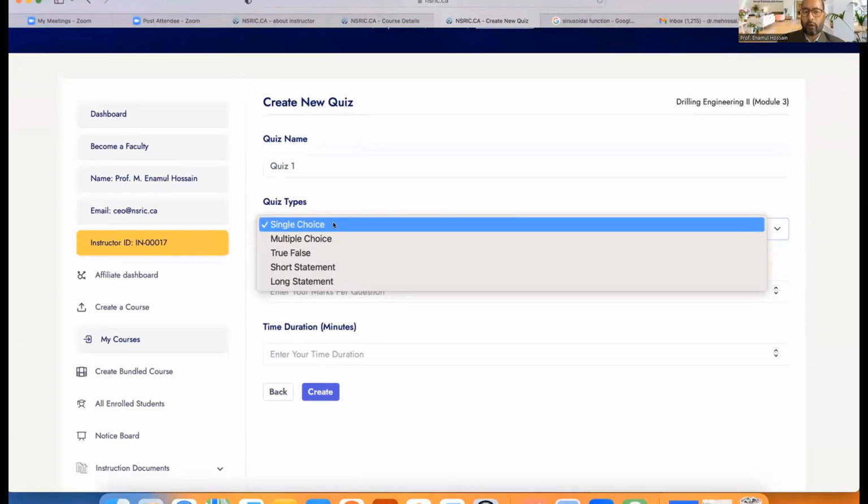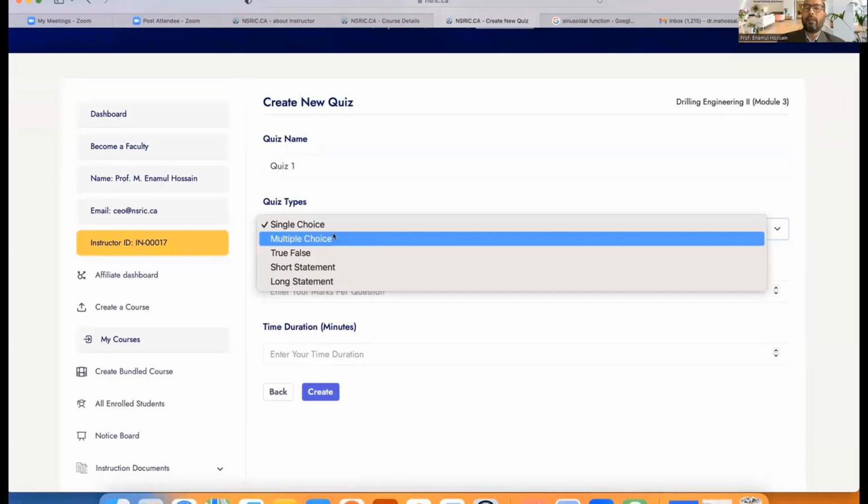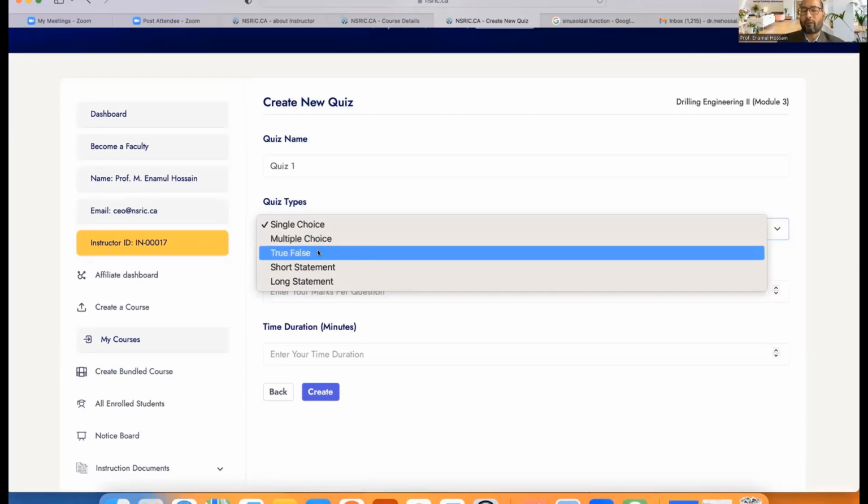Then choose single choice. Multiple choice, in your question, you have more than one answer. So you select multiple choice, and when you prepare the question, you put multiple answers and select the multiple ones. True or false, very straightforward.